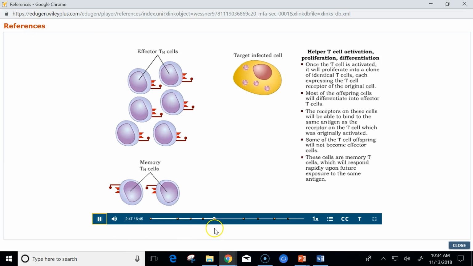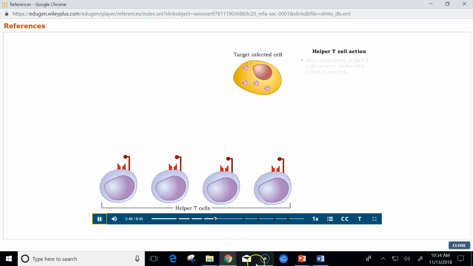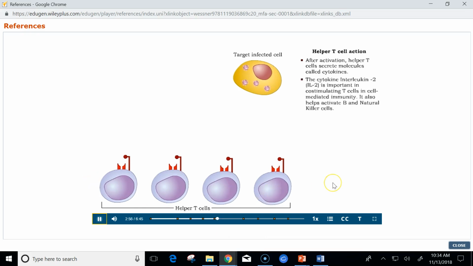So effector cells, as their name implies, are going to do something. Helper T cells secrete interleukin 2. In most immune responses I call them talker T cells, that's my nickname for them, because they release cytokines like IL-2, which tell other cells what's going on.